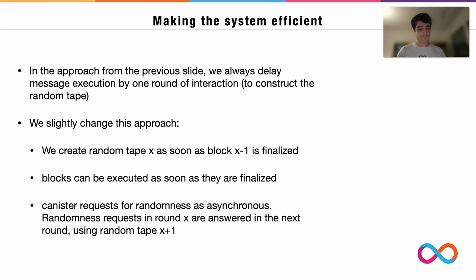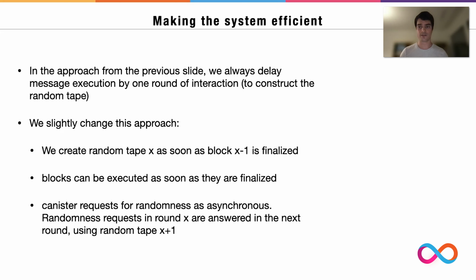But now you should be worried because the random tape might have been known before the block is final, opening us up to attacks again. So what we do is we make it so that requests for randomness are asynchronous. So you don't get an immediate answer. Whenever a canister smart contract needs randomness, it asks for randomness, and then it's paused there.